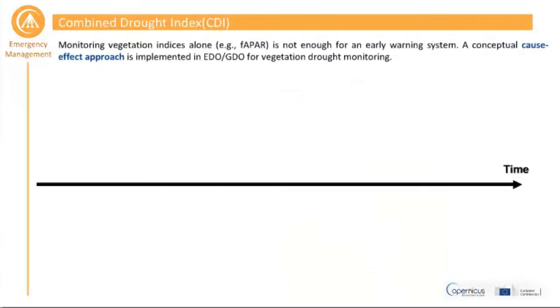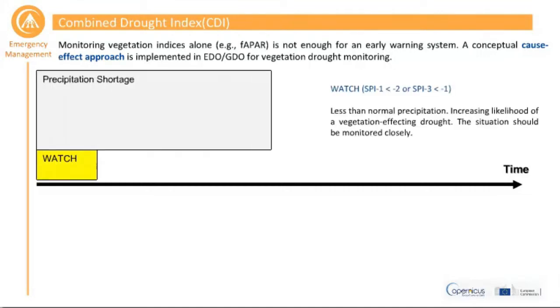So in order to use effectively this FAPAR information in a drought monitoring system, we developed what was already introduced by my colleagues as the combined drought indicator. So this indicator doesn't use only the vegetation indices as a measure of the agricultural drought, but it also uses a conceptual cause-effect scheme to see how the hydrological components of the drought can drive to an actual agricultural drought. So, how the system works.